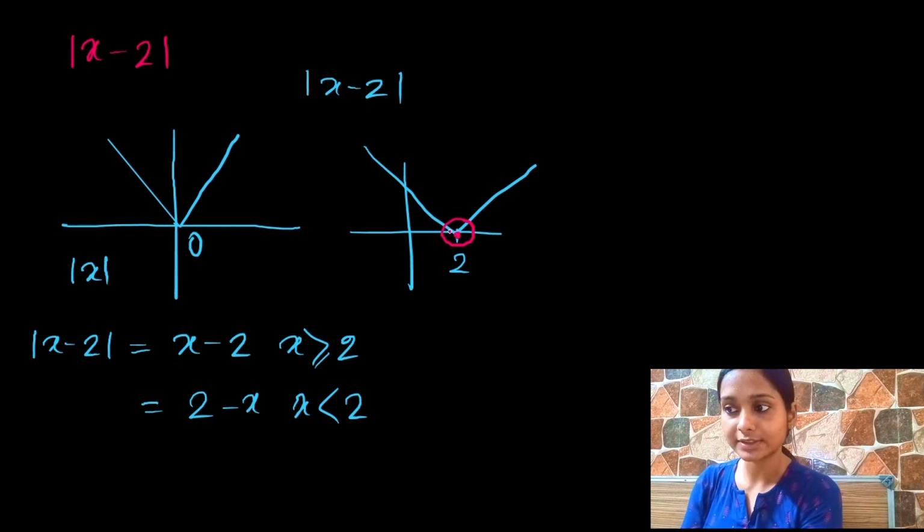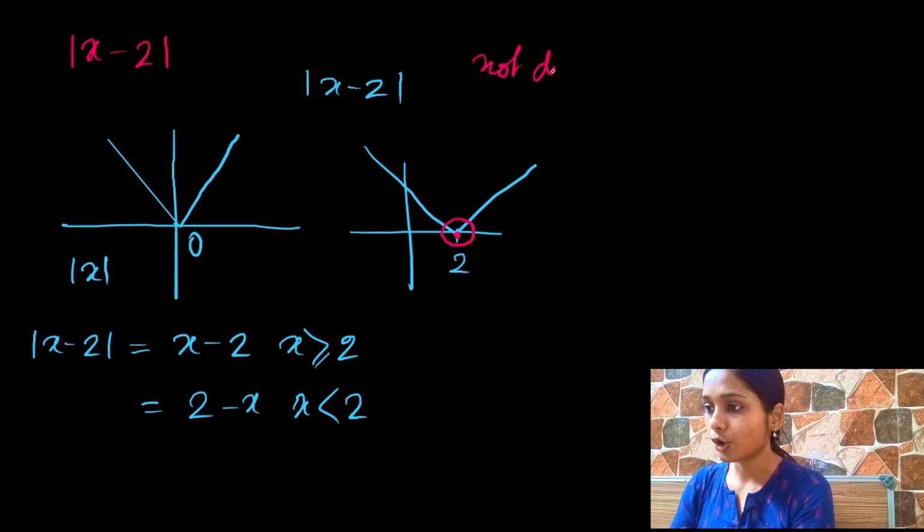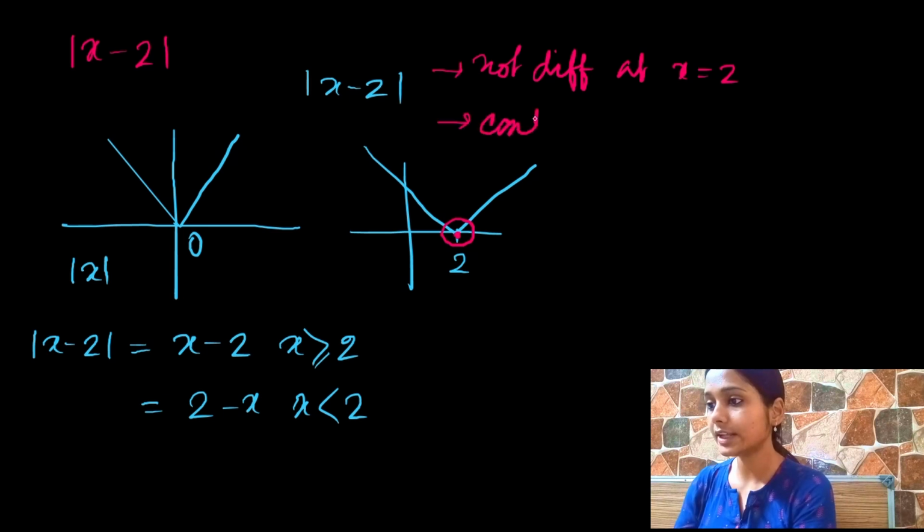At corner points, the tangents are not unique, therefore the derivative does not exist. For any function, if there is a corner point, the derivative will not exist at that point. So at x = 2, this function is not differentiable, but it is continuous everywhere.